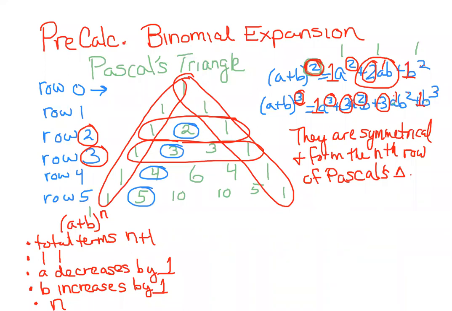It would be 1, 6, 15, 20, 15, 6, 1. So row 6 is 1, 6, 15, 20, 15, 6, 1.